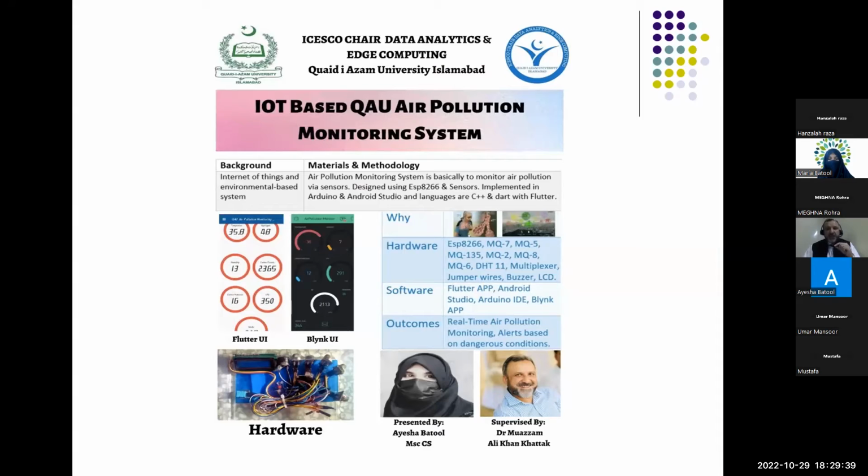That might help us to identify and reduce those pollutants. First of all, to detect those pollutants, then to find the causes because of which these pollutants are part of the atmosphere, and then try to reduce them.